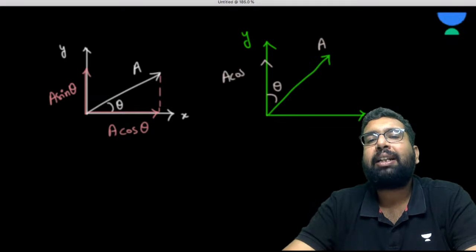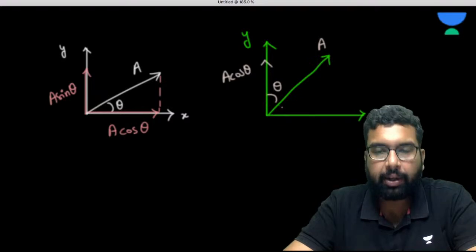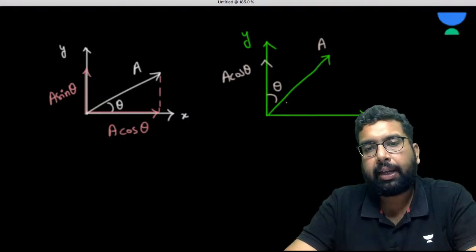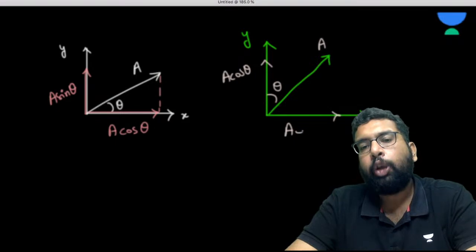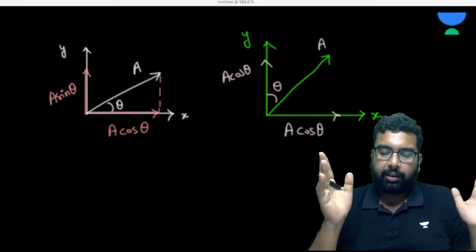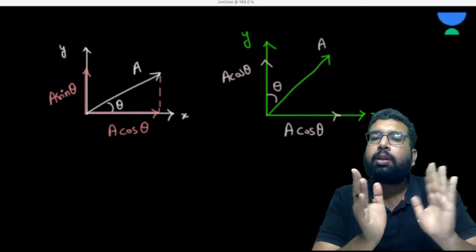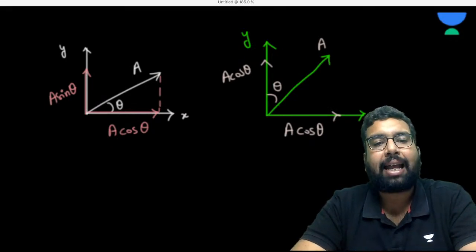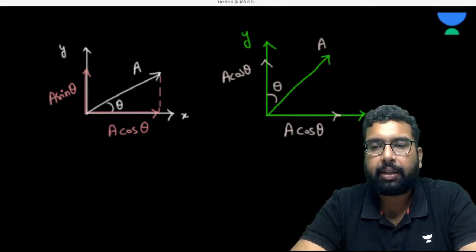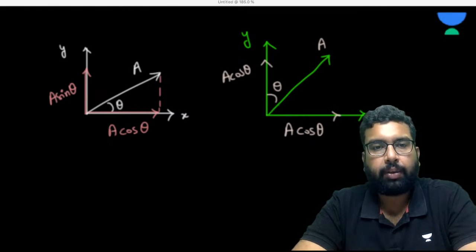So the simple way is that whichever axis the vector makes the angle theta with, the cos component is going to be along that axis. Is it fine? Yes or no?